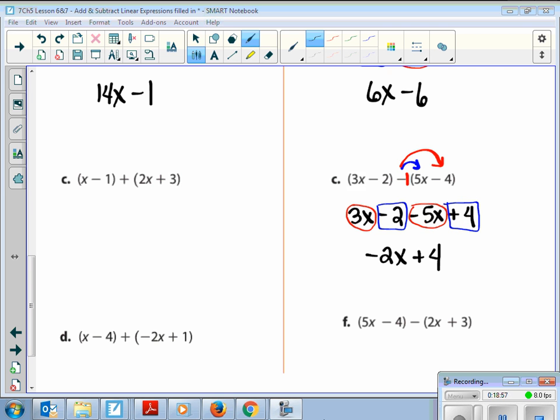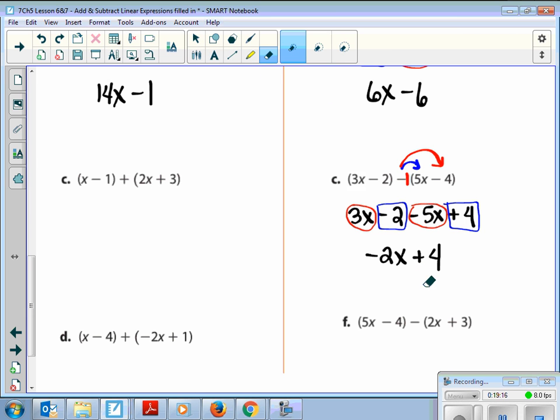So here, we're going to combine our like terms. So we have 3x minus 5x, or 3x plus a negative 5x. That's going to give us a negative 2x. And then negative 2 plus 4 gives us, oopsie, positive 2. Positive 2. Good catch.